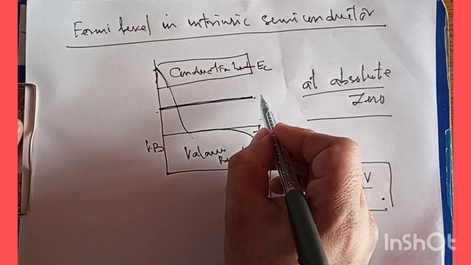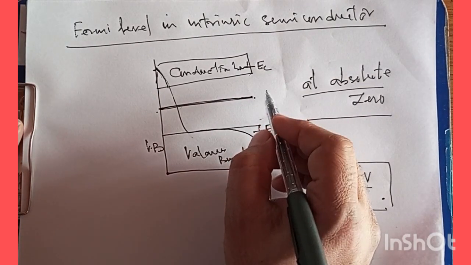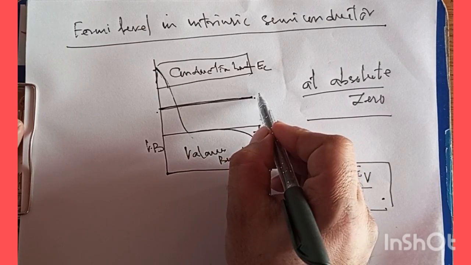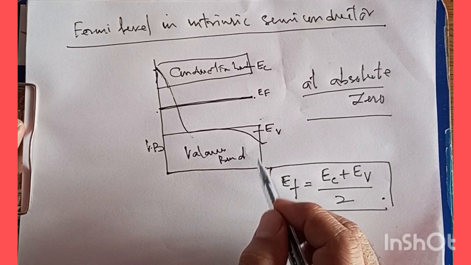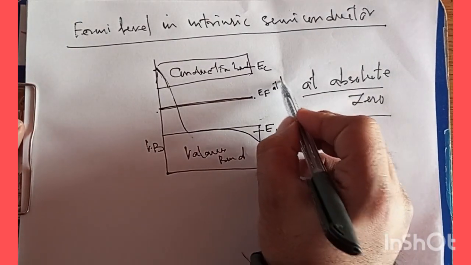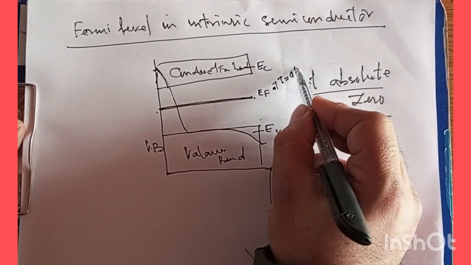So this is my Fermi level, and at absolute zero, it is like this. Okay, so this is T equal to 0 Kelvin.